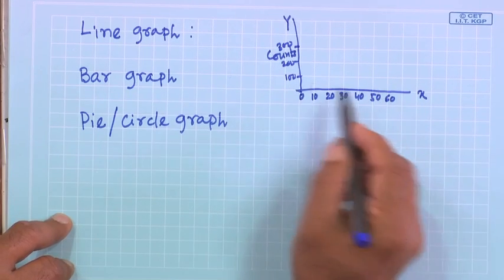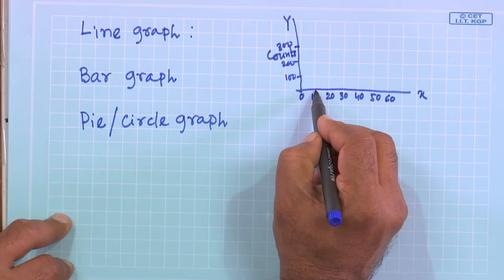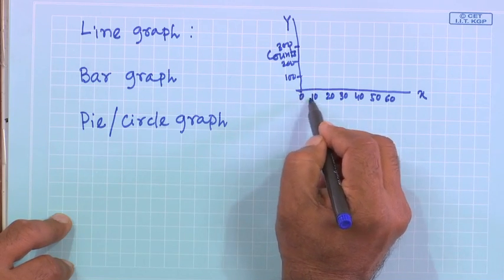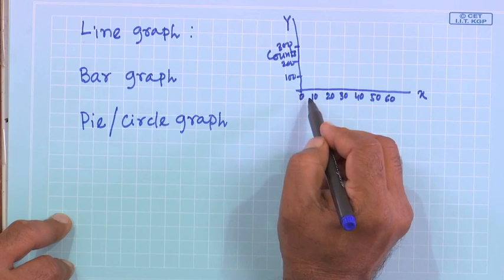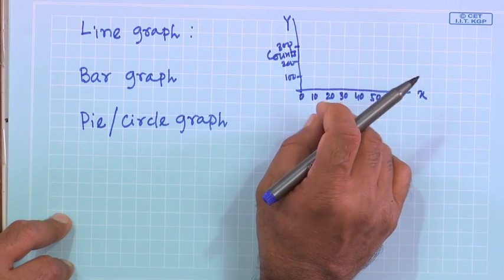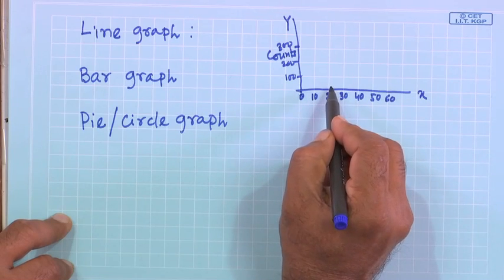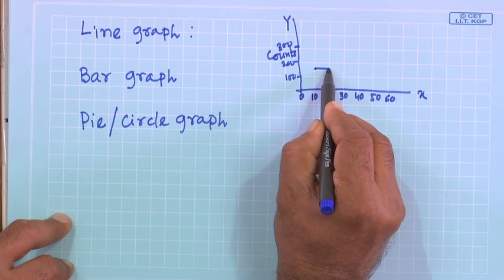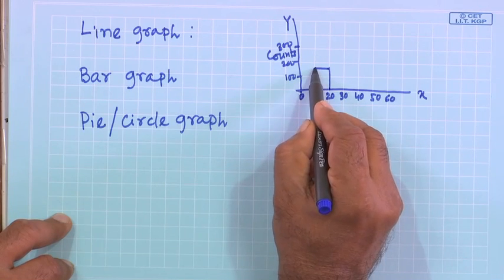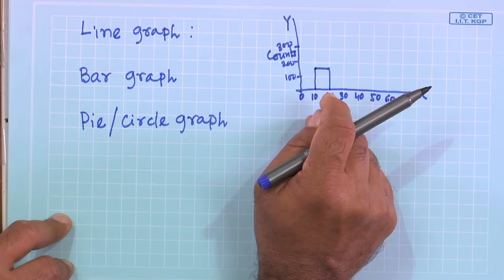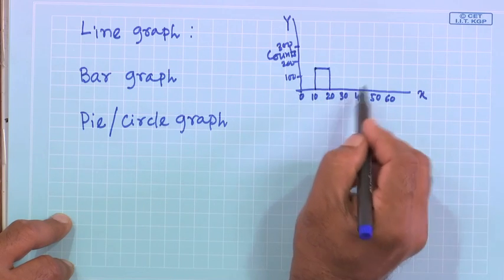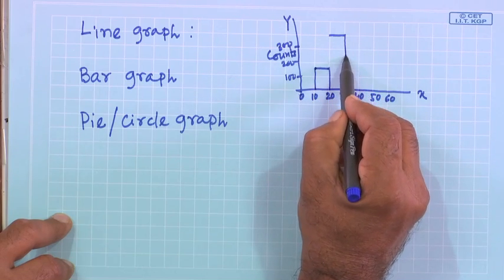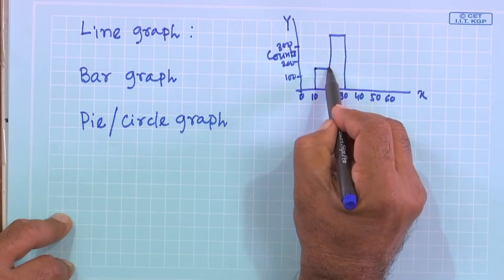Now, within 0 to 10 there are no particles of this size. For 10 to 20 there are say 150 particles, so we represent this with a bar. Between 20 to 30 we see, say, 400 particles, so we represent it like this.